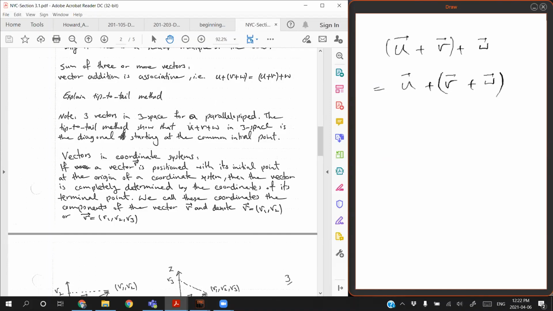Three vectors in three space form a parallelepiped. So if you have three vectors in three space, and you bring them together, what they form is something called a parallelepiped. I will try to draw a parallelepiped here using three vectors.